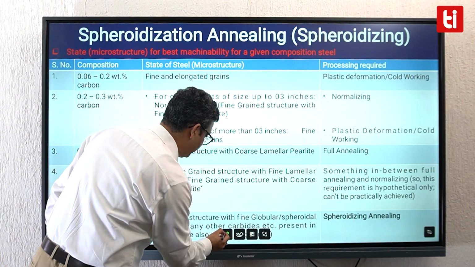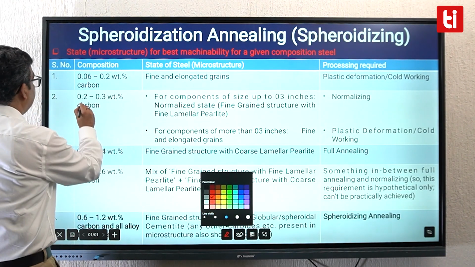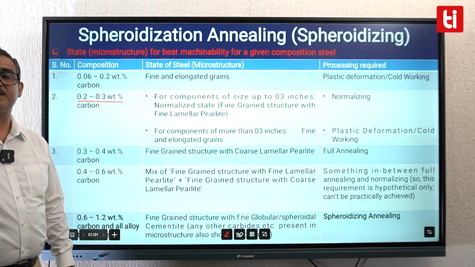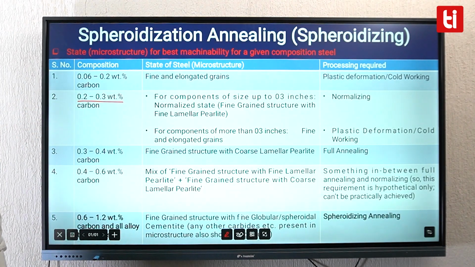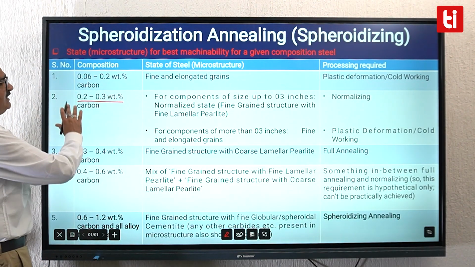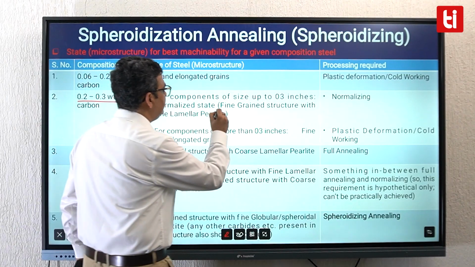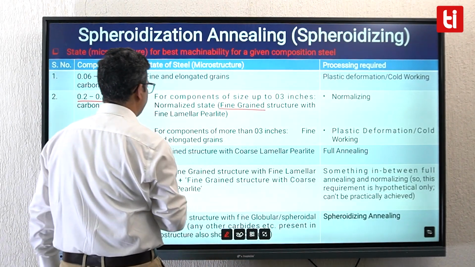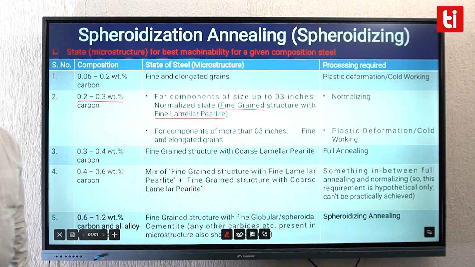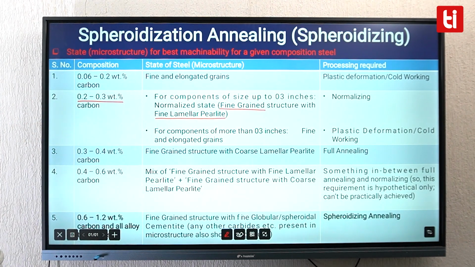Similarly, if somebody asks you that we have a steel with a carbon content of 0.2 to 0.3 weight percentage carbon, and we wish to bring it into a state where its machinability is excellent. So students, for these type of steels, it has been seen, if these steels have got fine grains with very fine lamellar spacing pearlite, their machinability would become excellent.